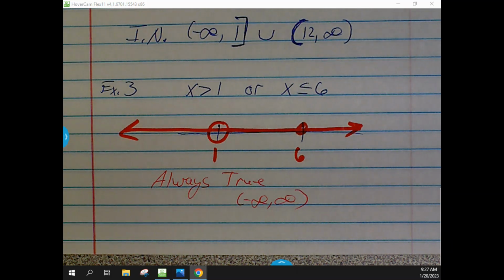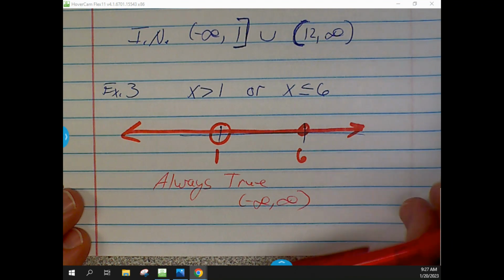Okay. And then the one other one that we've got, that's just an extension of the and that you're going to work with.